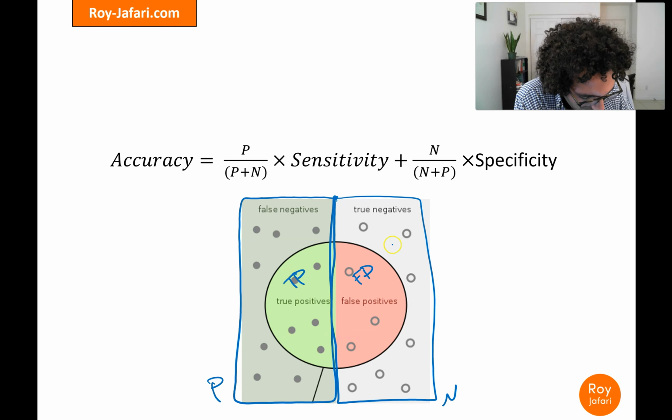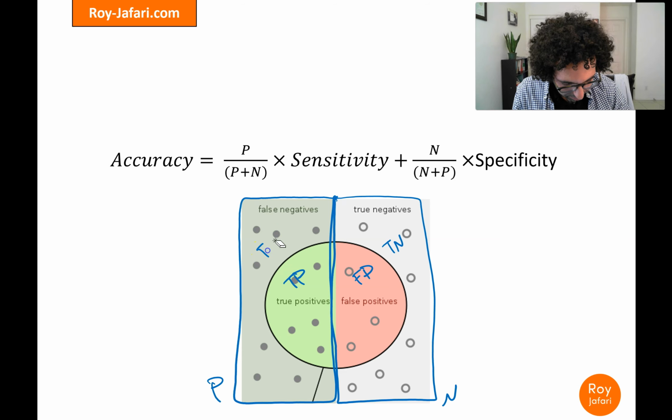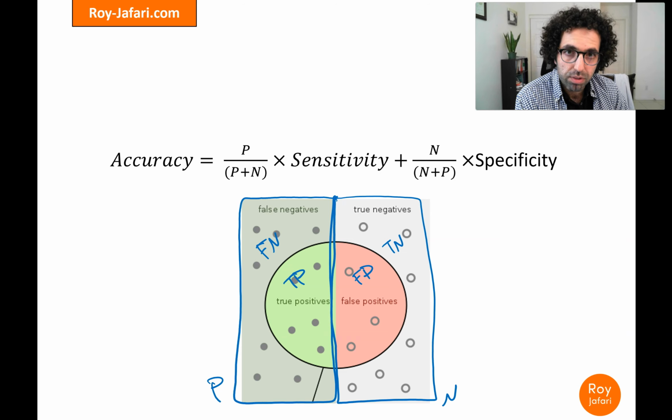And here we have true negative, and here we have false negative, my bad. One thing we will see in one of the next slides is that the fact that accuracy is derived from specificity and sensitivity could be a problematic thing about accuracy that we will discuss.